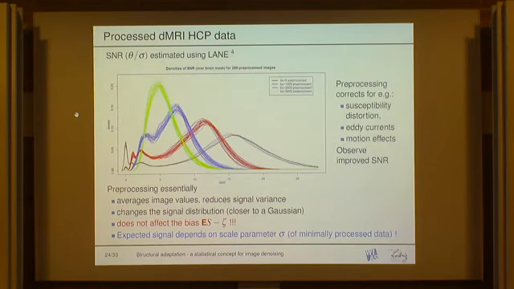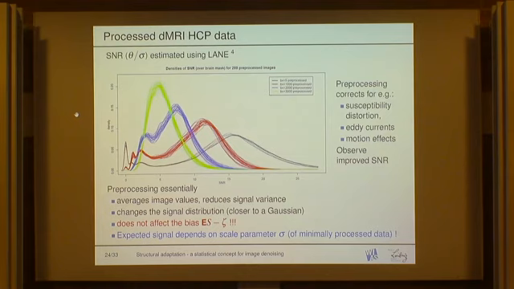Okay, if you move to pre-processed data, and pre-processing means you apply a correction for magnetic field artifacts, for eddy currents, motion effects, which in principle are interpolations between neighboring points. This increases correlation and reduces variance and moves away from the shell distribution.